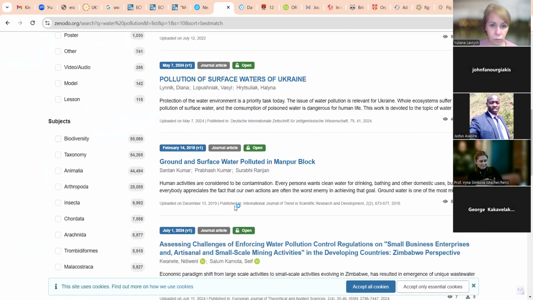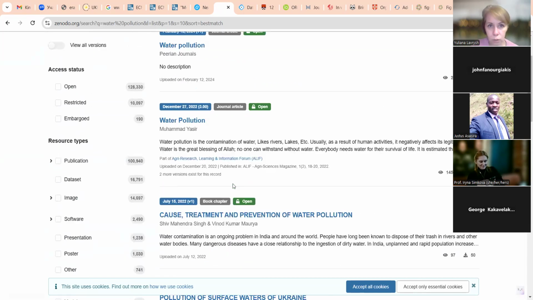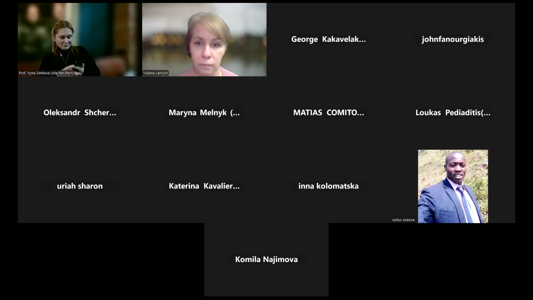I can choose here what I want: publication, data set. So that is why open science repositories exist, open for everyone. You can just find whatever you want. And there are a lot of these repositories. You will download, and upload if you need, your data as well.